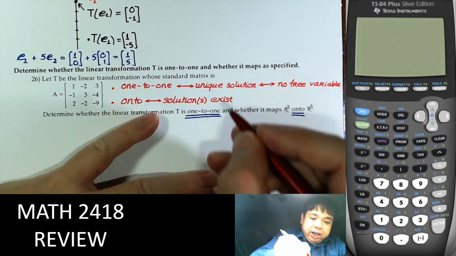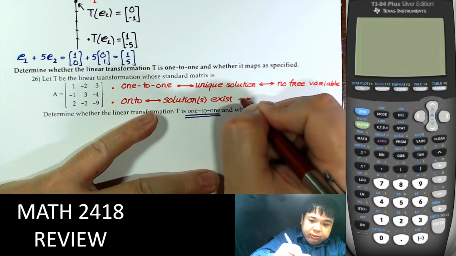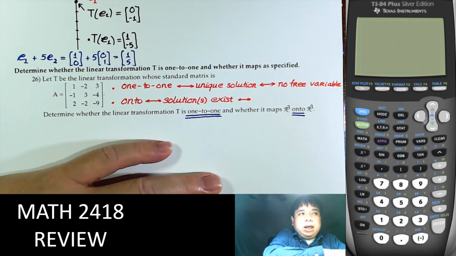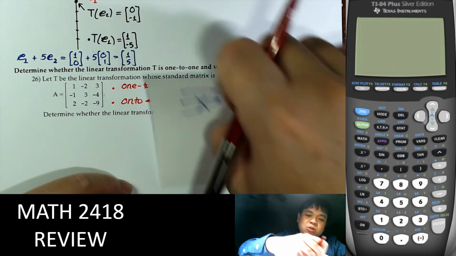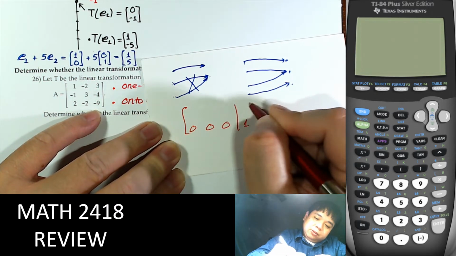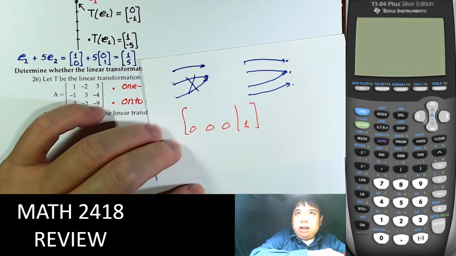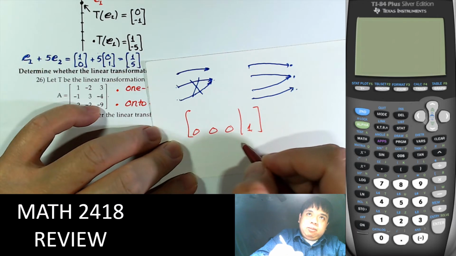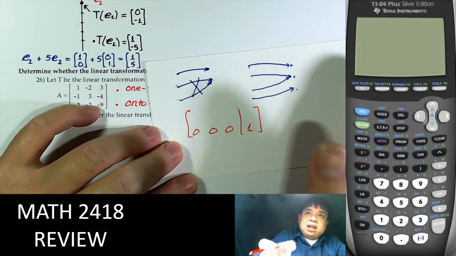So if this is the case, what will be the equivalent to it? Now, if the solution exists, we cannot have the last column to be 0. I mean, let me just write it down. So if we have this scenario, the pivot on the last column, in that case there's no solution.